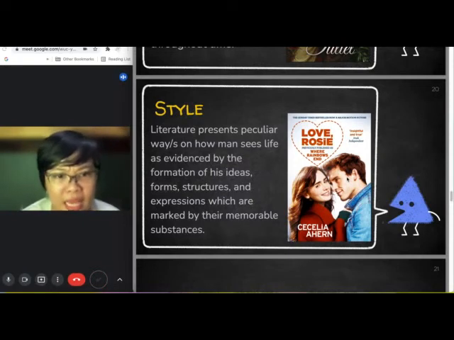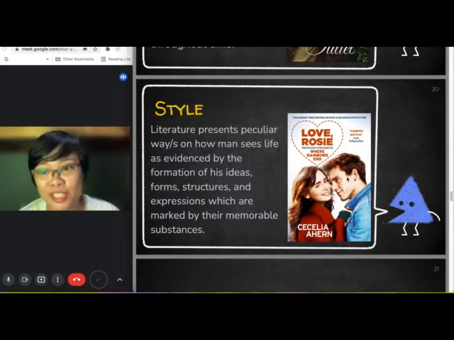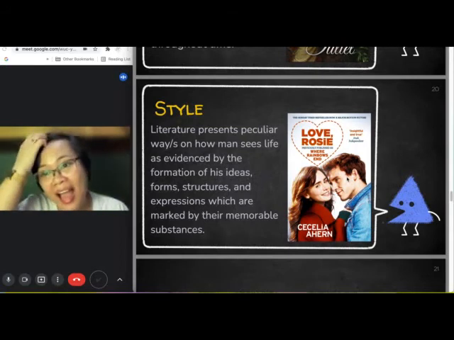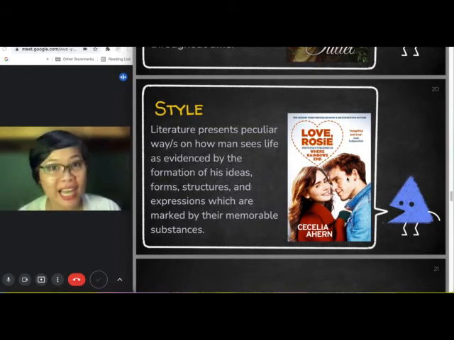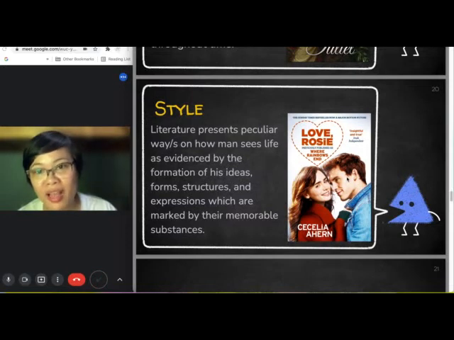If I'm not mistaken, Cecilia is an Irish novelist, and what makes her style distinct is that the whole book is all about exchanges of letters and emails and notes and chat messages, instant messages and all. And yet, she was able to deliver the entire novel through those communication exchanges.